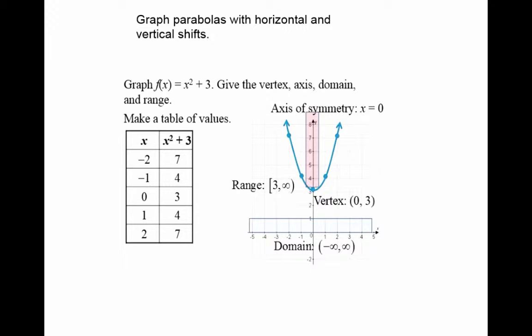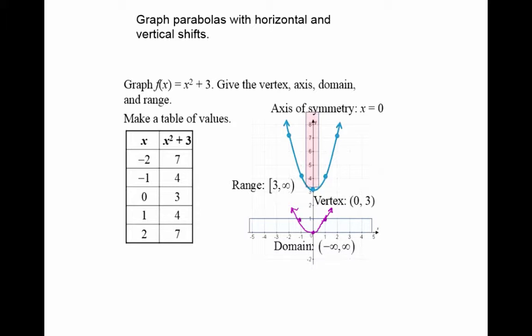But you can also note that if I remember the shape of my parabola, where y equals x squared, my parabola is going to pass through the origin, and it's going to pass through the points (1, 1) right here and (-1, 1). So this parabola would look like that.